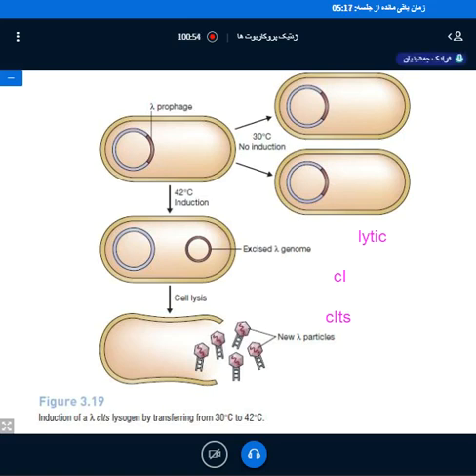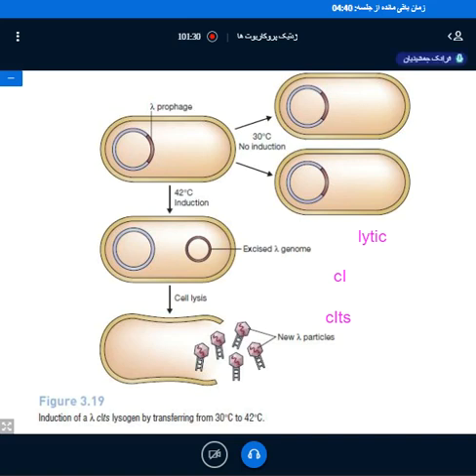So, the C1 gene is functional at the temperature of 30 degrees, but if we increase the temperature to 42 degrees, this gene cannot work properly, so the lysogenic process cannot be maintained, so it will go through lytic phase.